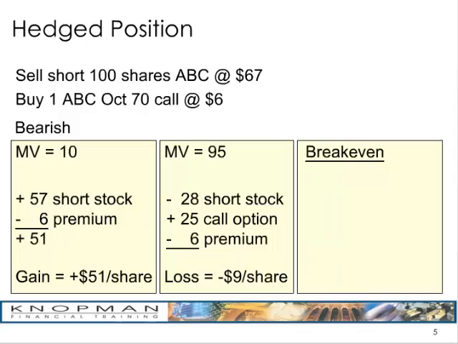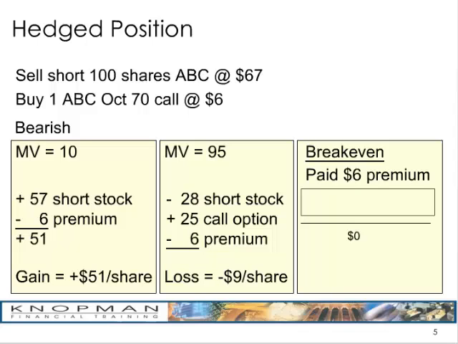And for the break-even point, we initially paid a $6 premium. So we got to earn $6. If we want to get back to even, to flat, right now we're $6 underwater, so we got to make $6. And what would have to happen for us to make $6? Well, you got to look at the stock here. We are short the stock for 67.